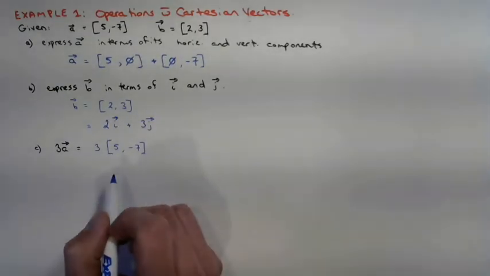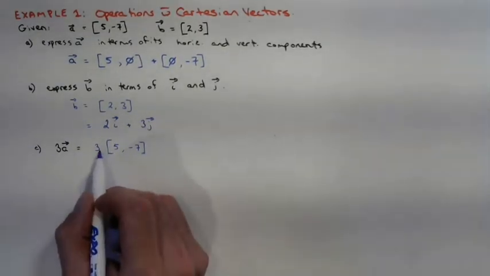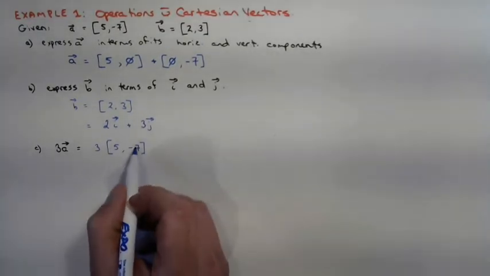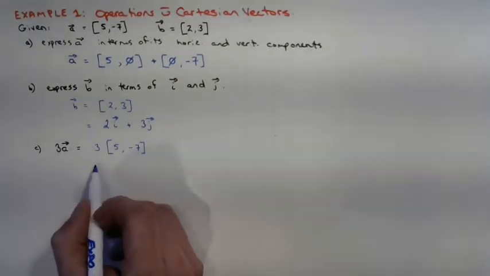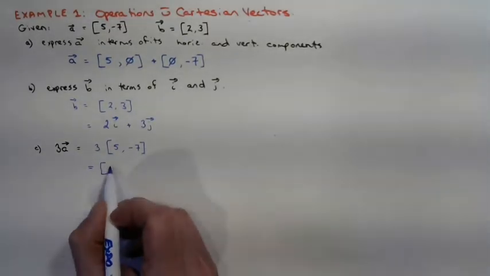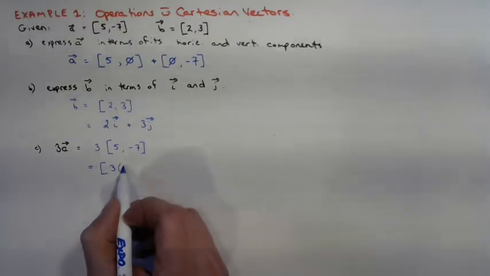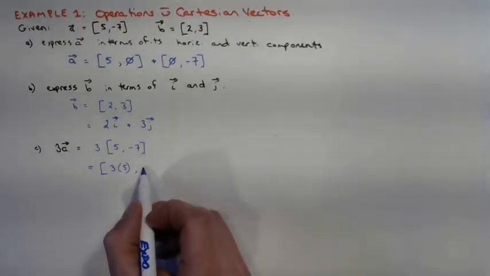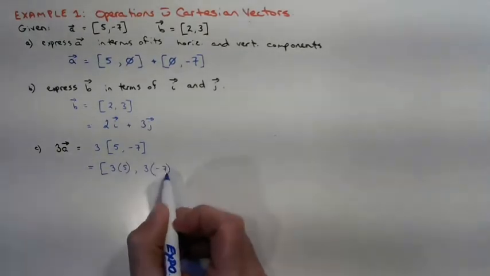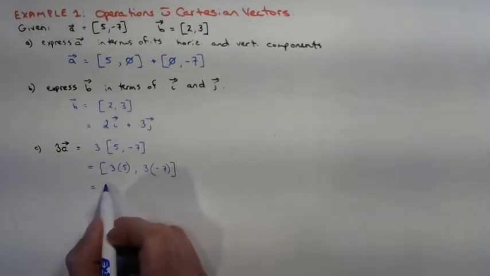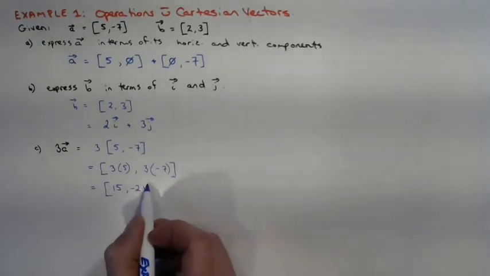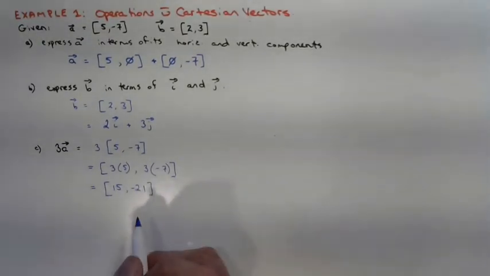And at this point, I'm just going to distribute the 3 to both of these, my horizontal magnitude and my vertical magnitude or displacement. So this is what it looks like. Inside our bracket, we've got 3 times 5 as our horizontal displacement, and 3 times the vertical displacement, which we can simplify as 15, comma, negative 21.